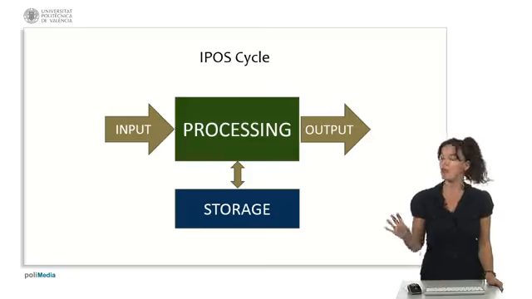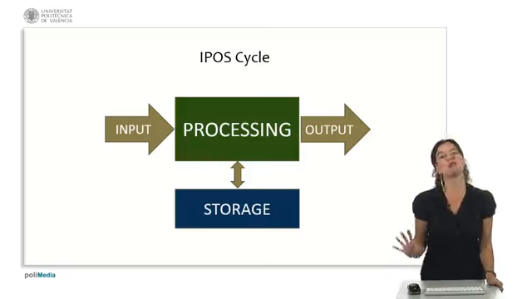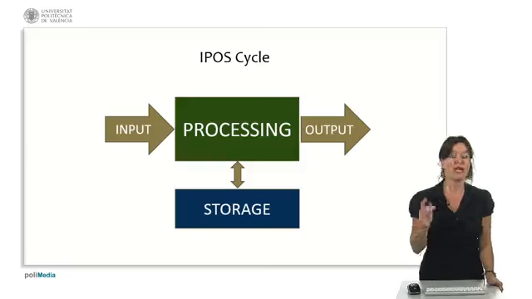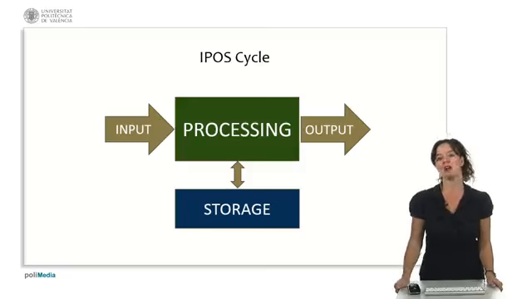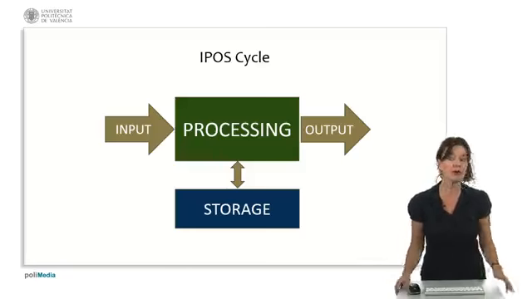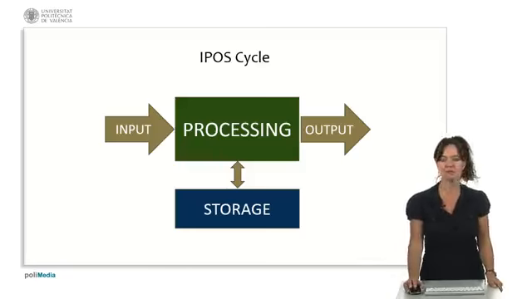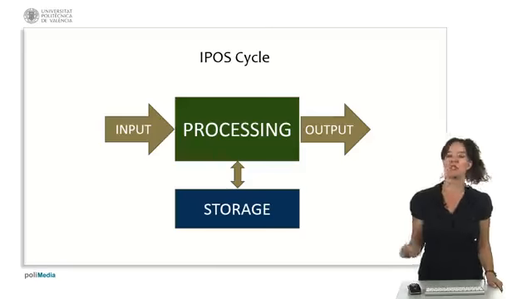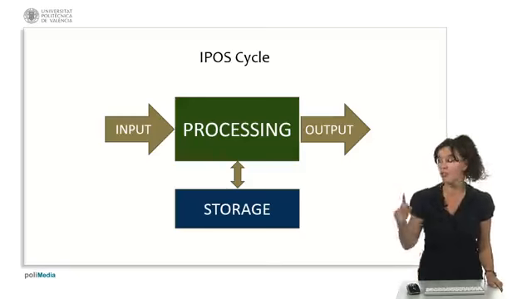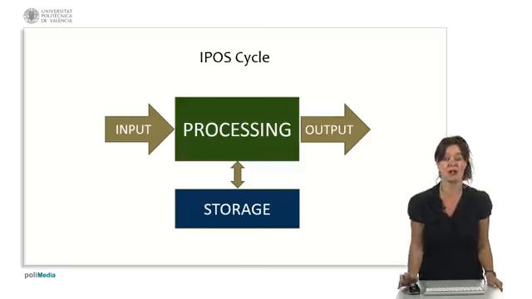After we finish all this processing, the computer presents the results to the user. This is the output. For this, it also uses specific hardware, called output devices. Think, for example, of a monitor or a printer. The results of all this processing can also be stored for future use. This is the storage part of the IPOS cycle.